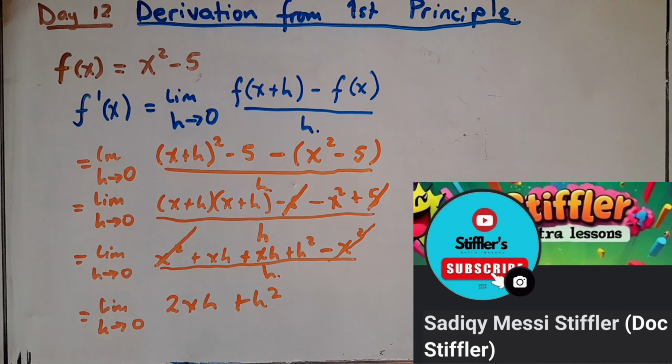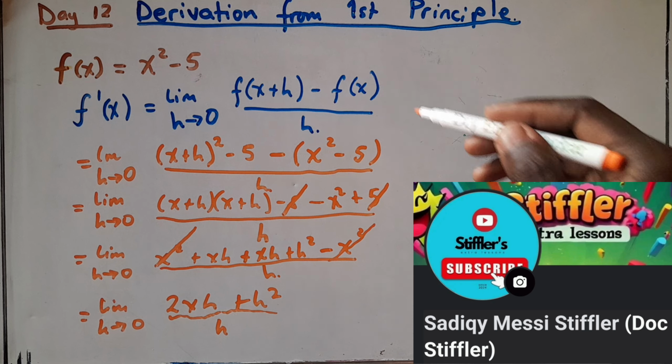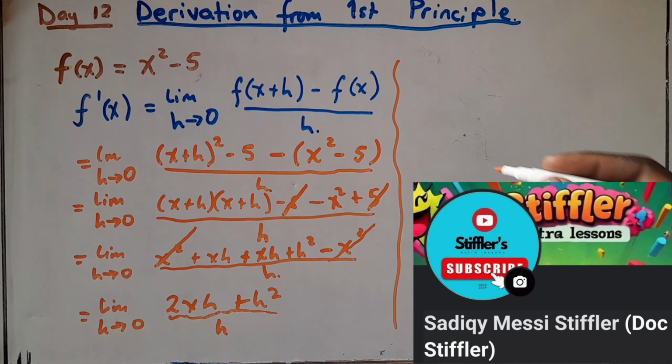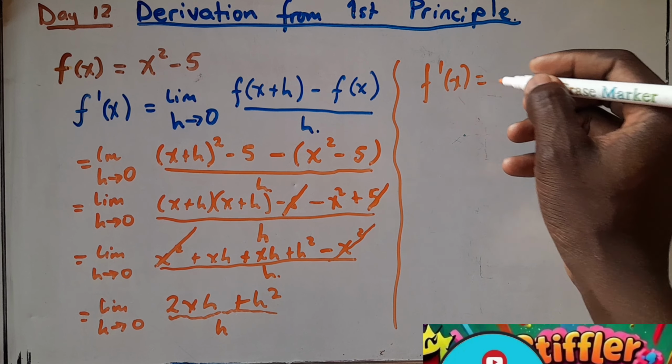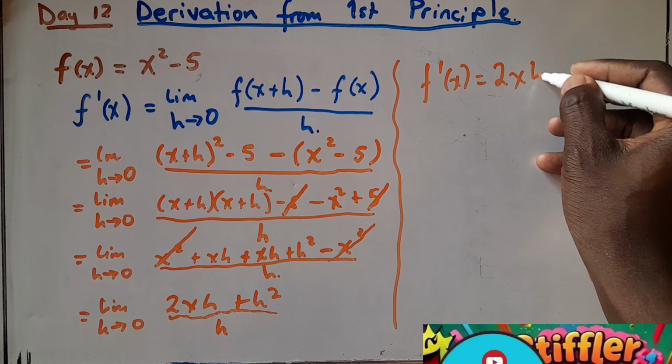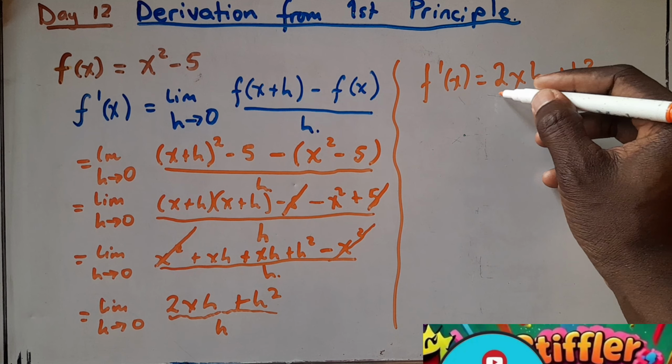And still we are having our h, so this would still be over h. So let's transfer whatever we're having this side. So this is equal to 2xh plus h squared all over h.